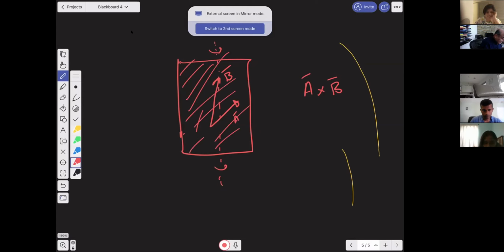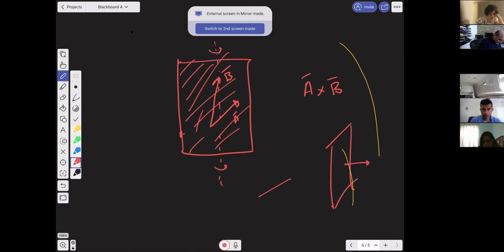So if I put it in this position, the perpendicular line is coming to my eyes. It's exactly perpendicular. You know what a perpendicular line is, correct?